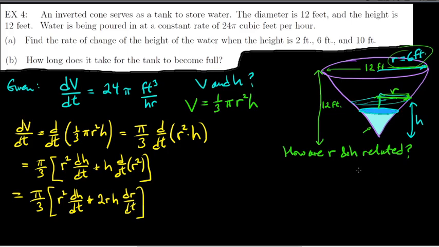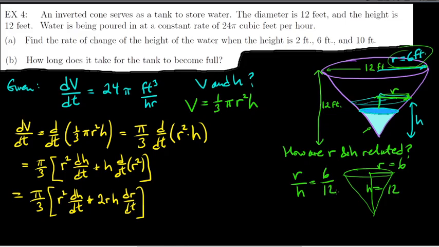Okay, so maybe I should draw the picture a little bit better here. It's very hard to do a proper cone here. So this is h, and this is r. If you consider the entire tank, r was 6 and h was 12. So r divided by h has to be 6 over 12, or 1/2.